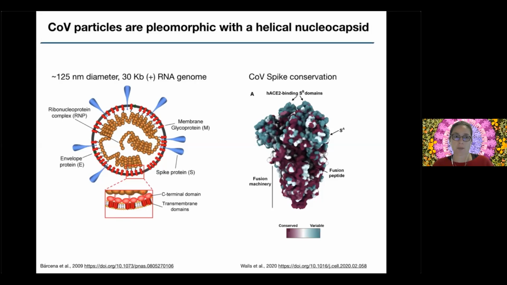If you see in the upper left-hand corner, it's approximately 125 nanometers, but there can be some variability there in terms of how many copies of the spike protein are made, how large the envelope is. So it's just not exactly the same from viral particle to viral particle. Does that help with the pleomorphic issue?